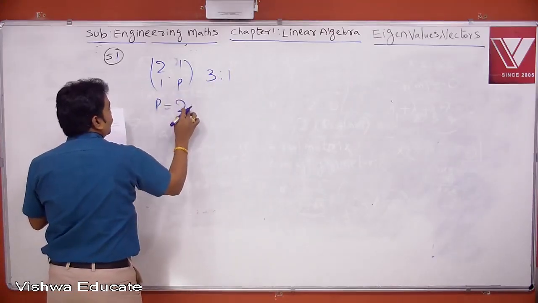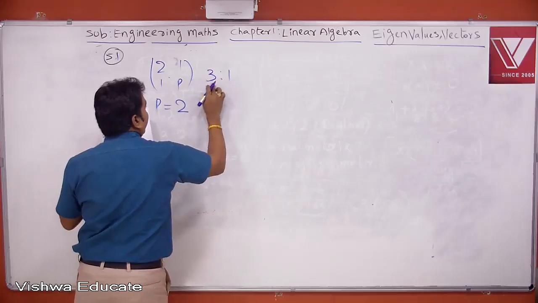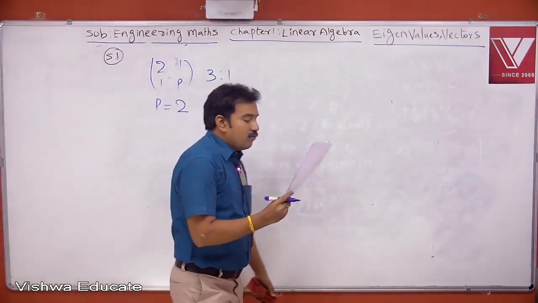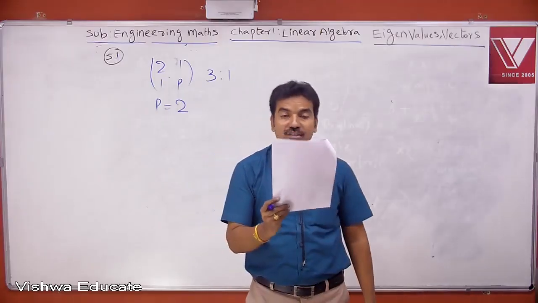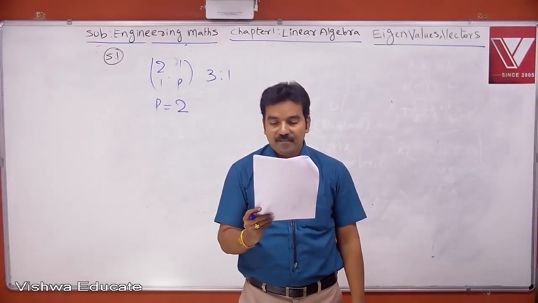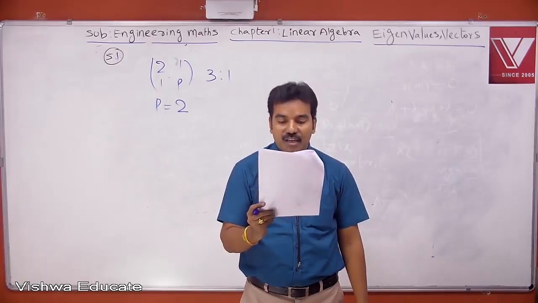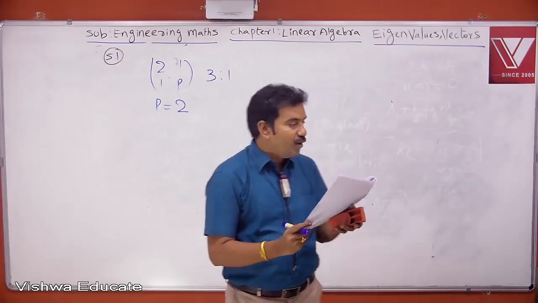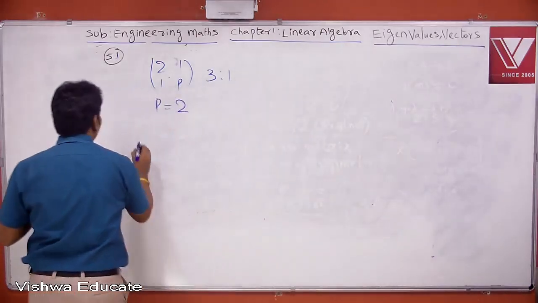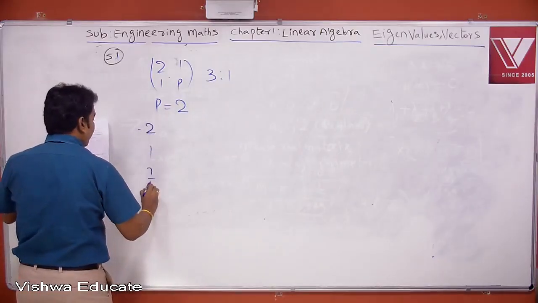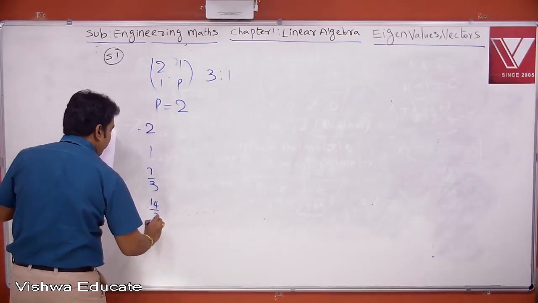So when they write p value 2, those two eigenvalues maintain the ratio 3:1. What is the other value of p for which the eigenvalues have the same ratio 3:1? Options are like this. First option is -2, next option 1, next is 7/3, next 14/3.